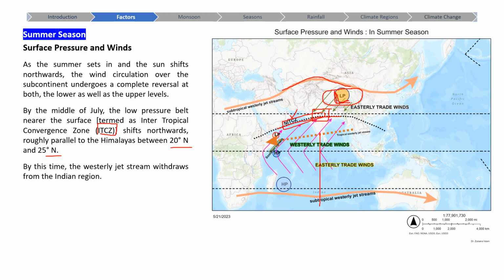If you compare the temperature during winter time and summer time, there is a huge difference. So a kind of low pressure develops here, and this low pressure attracts the winds from south towards north.